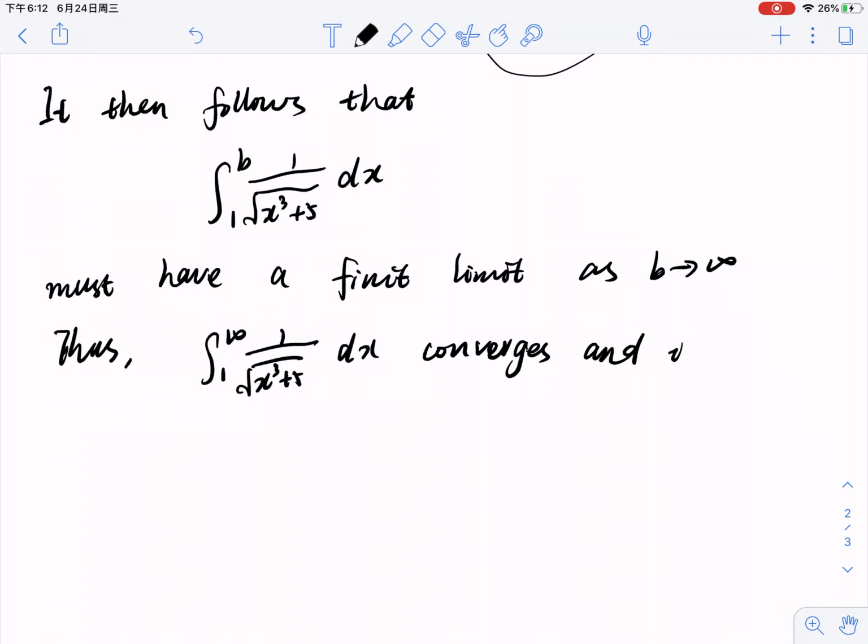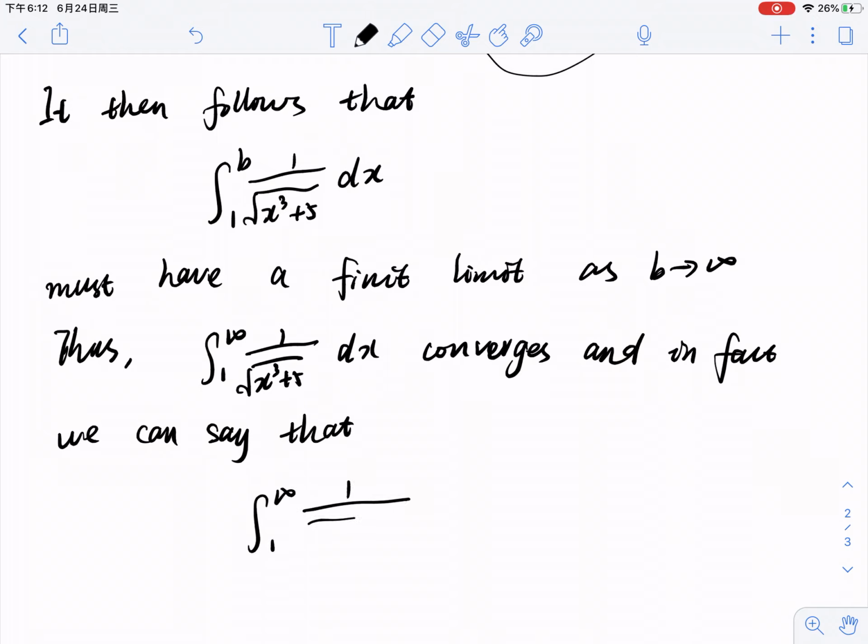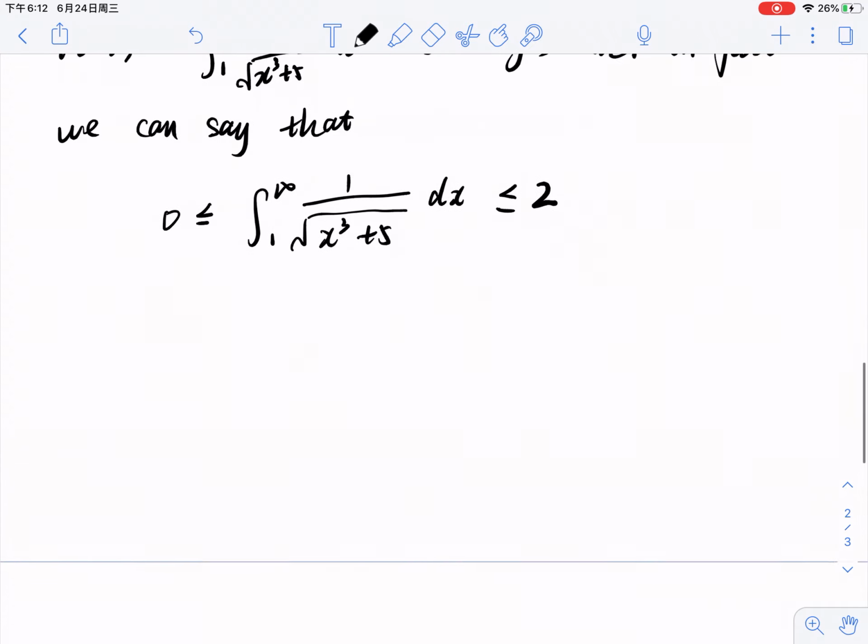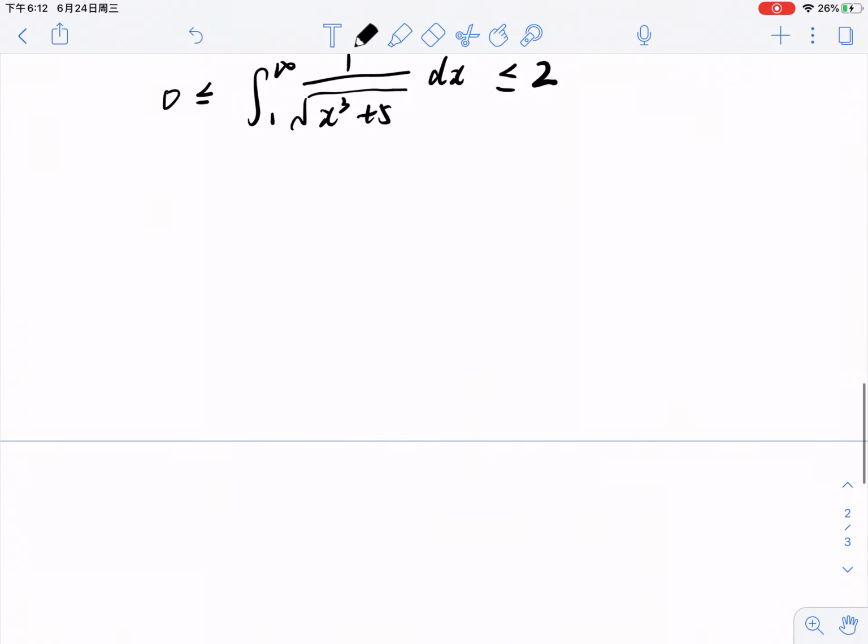And in fact, we can see that the integral from 1 to infinity of 1 over the square root of x cubed plus 5, dx is greater than or equal to 0 and less than or equal to 2. So this is the first example.